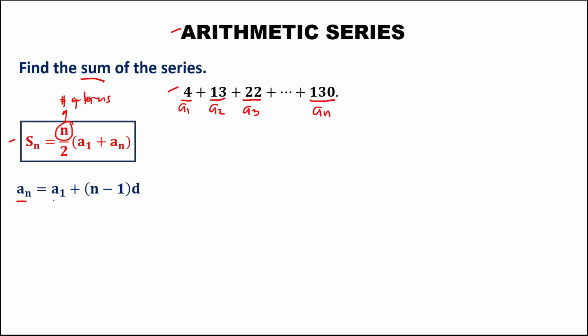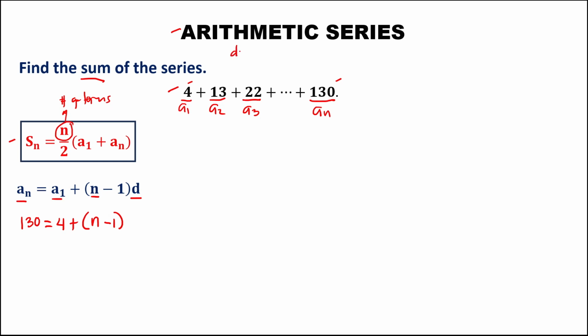So for a sub n, the last term, this is 130, equals a sub 1, the first term, that's 4, plus, and this one is the unknown, the number of terms, minus 1 times the common difference.